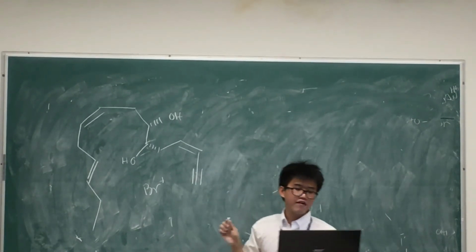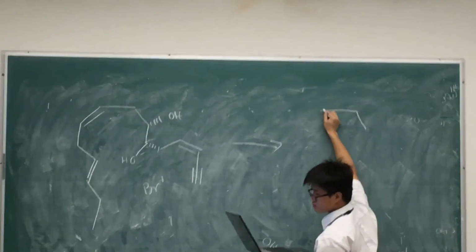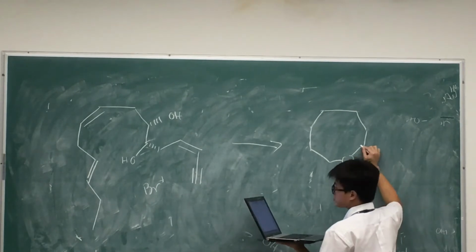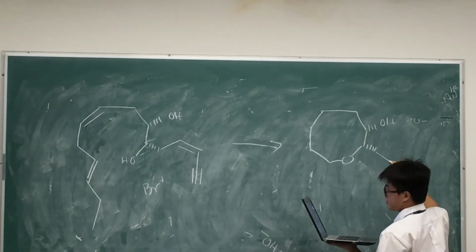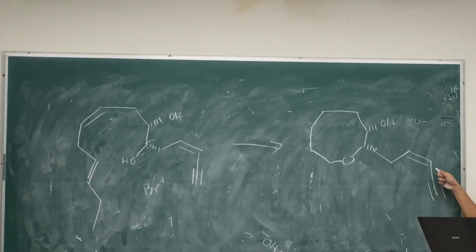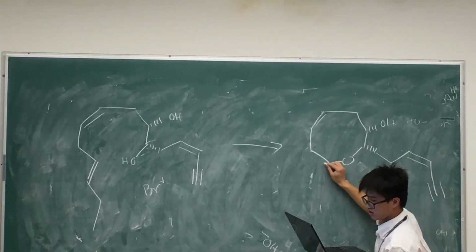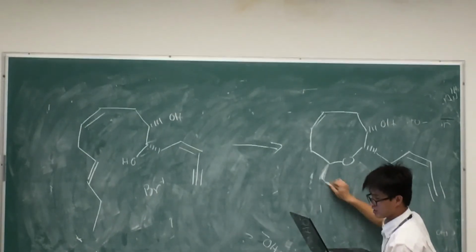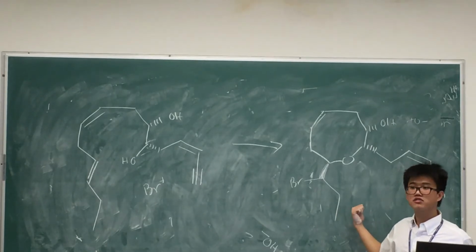And there are a few different possible double bonds here. For example, in this one I have one double bond, and in here I also have another double bond. But how do I know which double bond reacts?